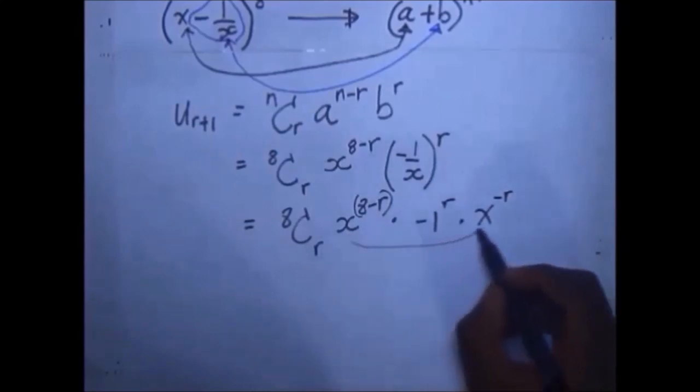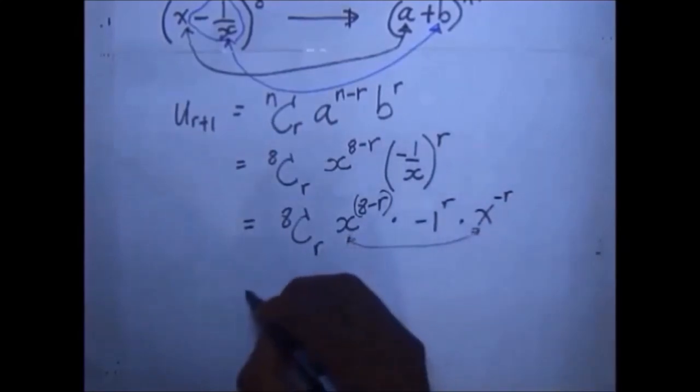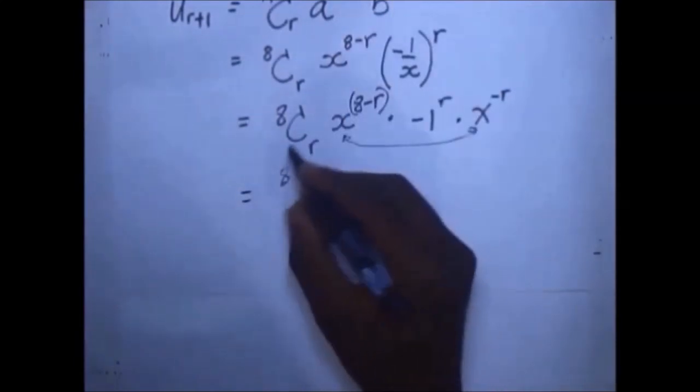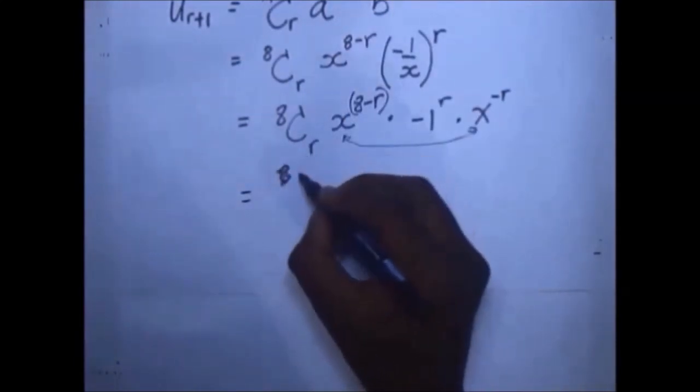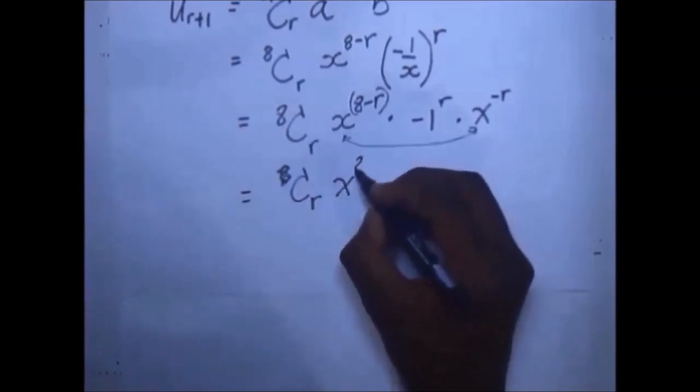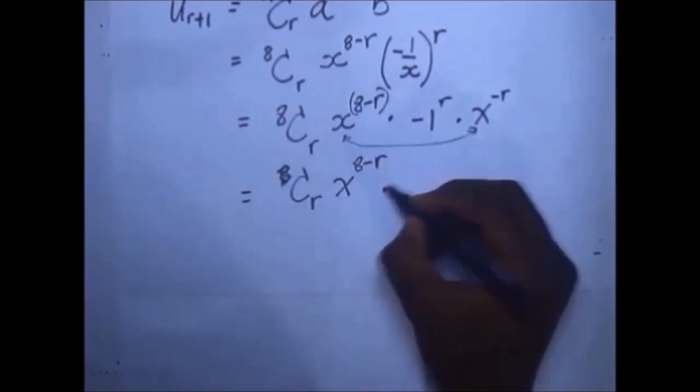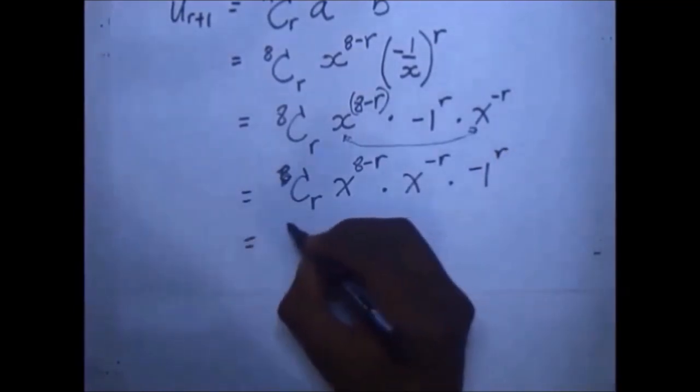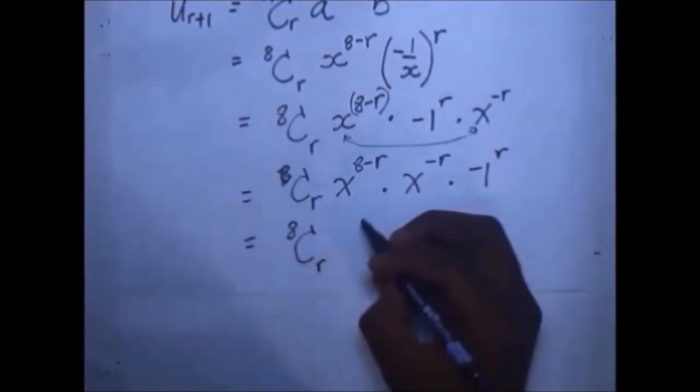So we put the x's together. So that is going to become 8 combination r times x to the power 8 minus r times x to the power negative r times negative 1 to the power r.